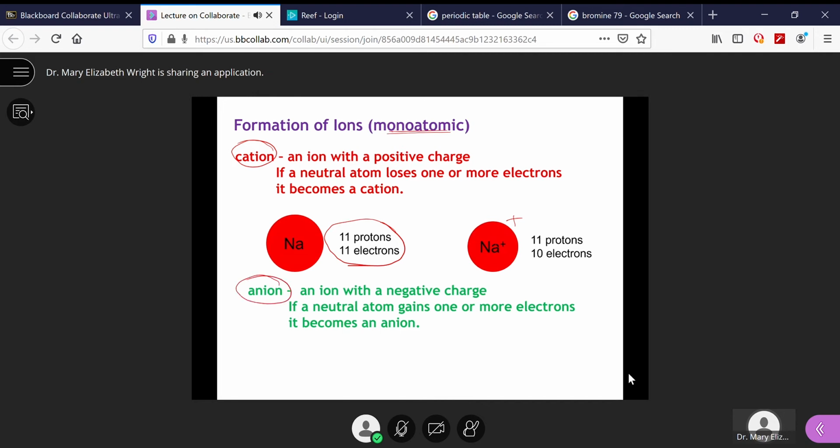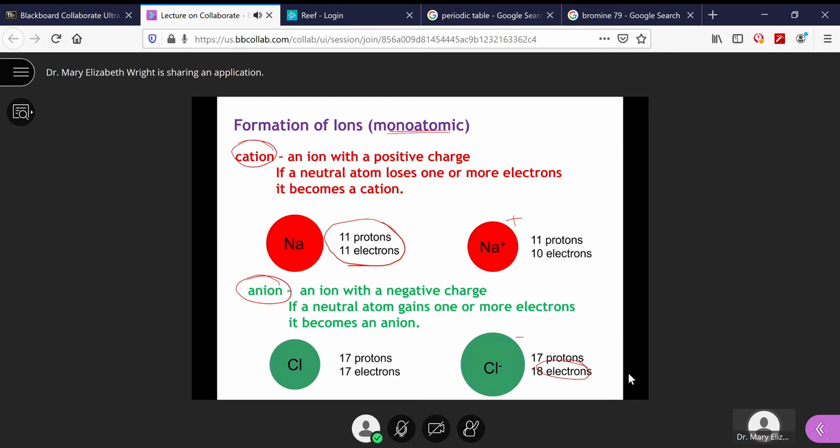So this happens when a neutral atom, let's say chlorine, gains one or more electrons to become negatively charged. Negative charge, right? Some atoms, depending on where they are located in the periodic table, like to lose electrons, and others like to gain electrons.